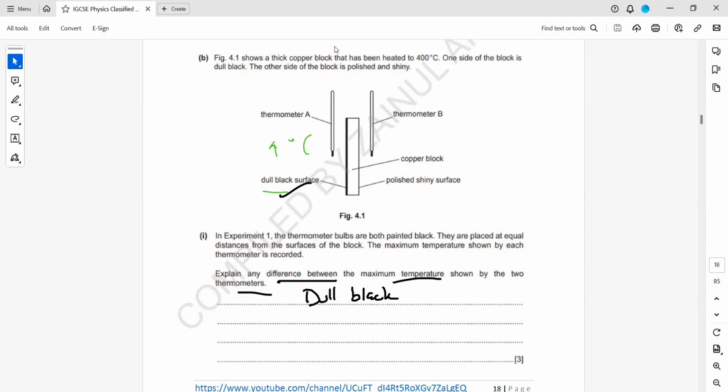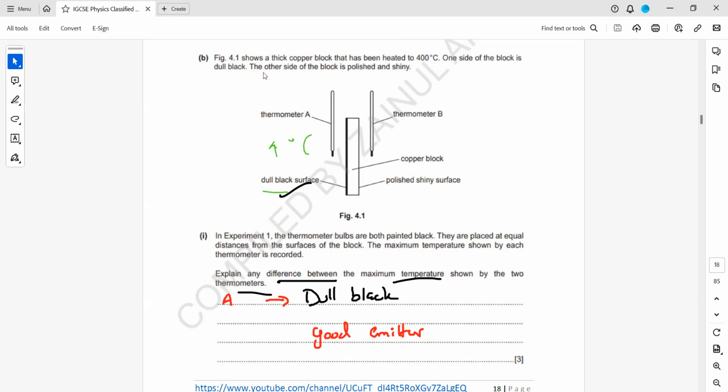And the other points you have to refer to, like thermometer A. Actually, thermometer A is one mark, and then dull black is a second mark. And why dull black? Because it is a good emitter. Good radiator or emitter, you can also say, of heat energy.